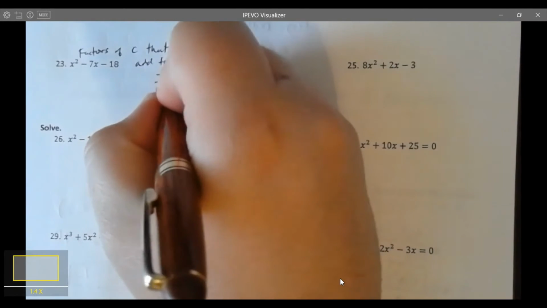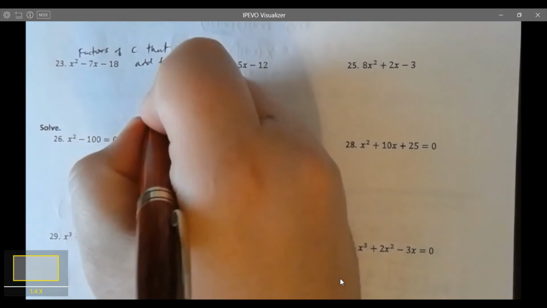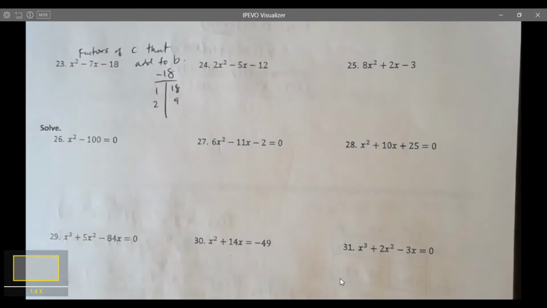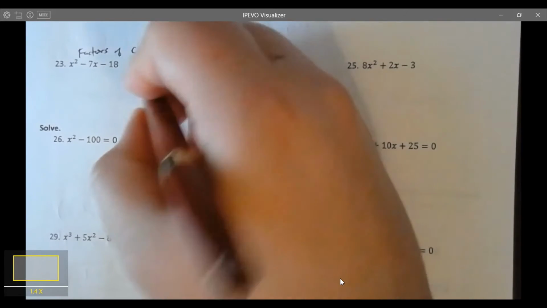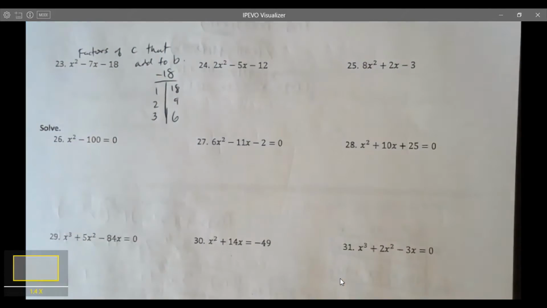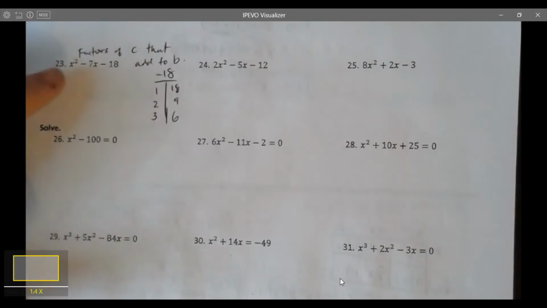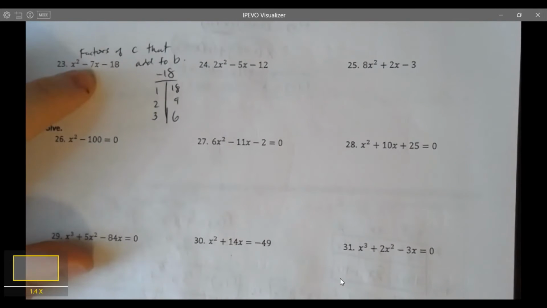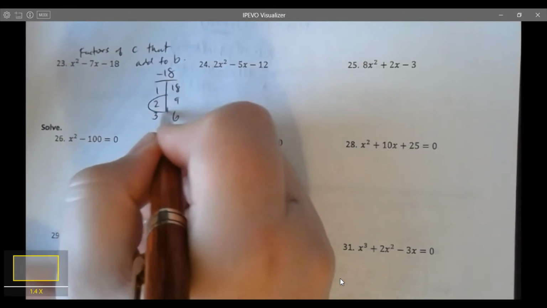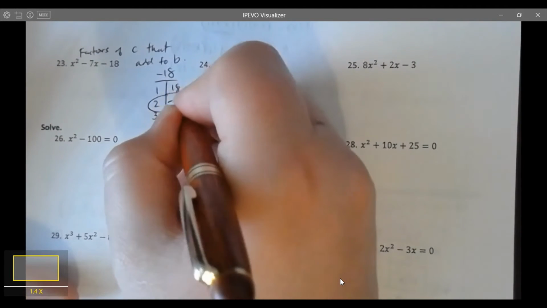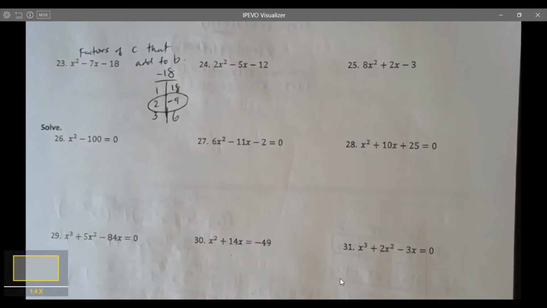1 and 18, 2 and 9, and 3 and 6. Now we want them to add up to negative 7. The only way I can do that is if I make 9 negative and 2 positive.